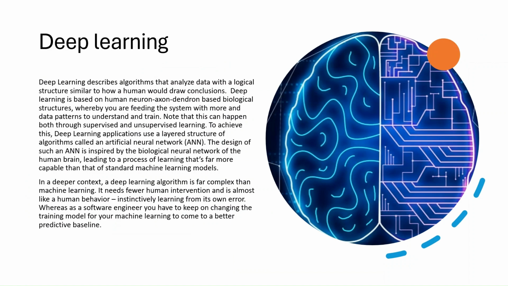Deep learning is in many ways referred to as emergent behavior, whereby the system, the structure, is learning from one layer, coming to a conclusion and going to another layer. So it's a kind of emergent behavior, learning from its own error and continuing to understand.